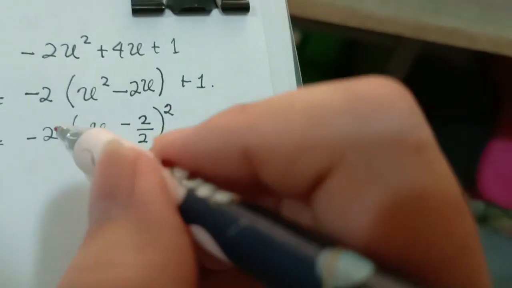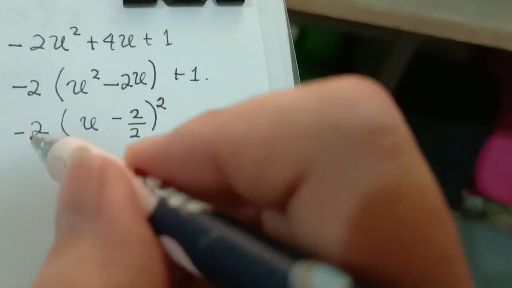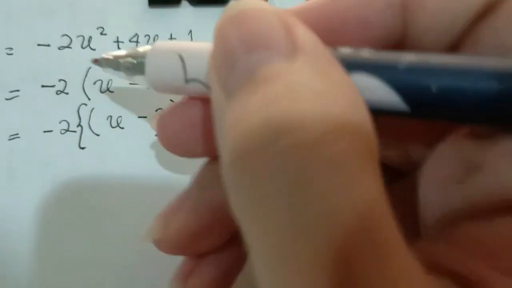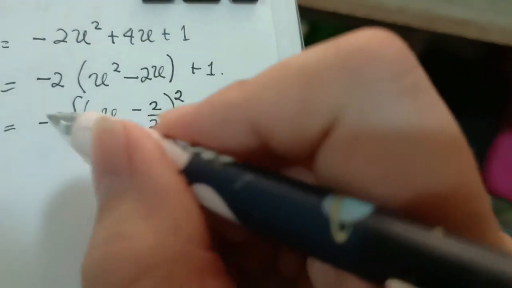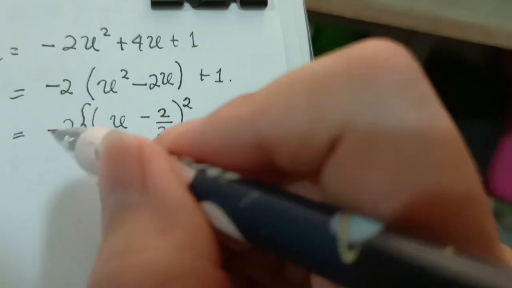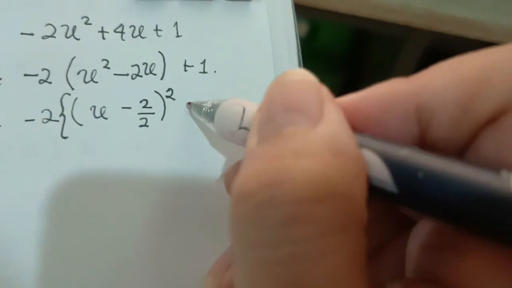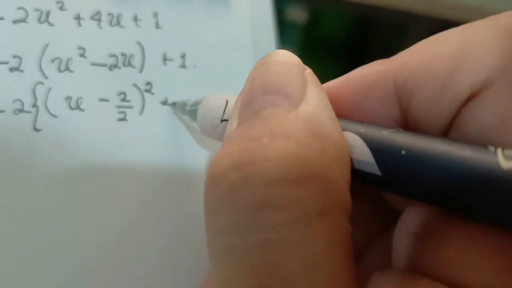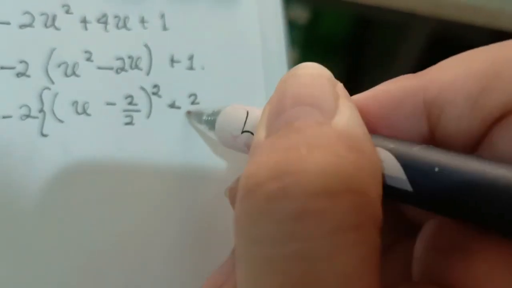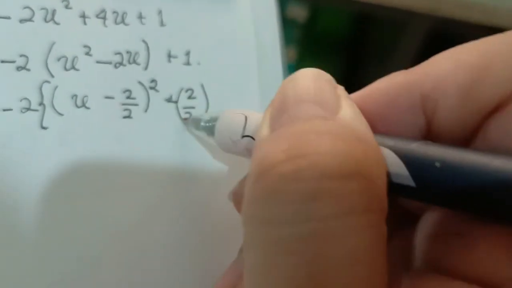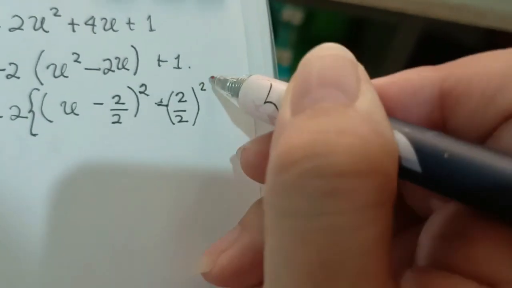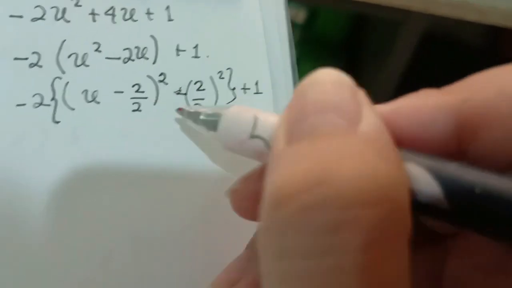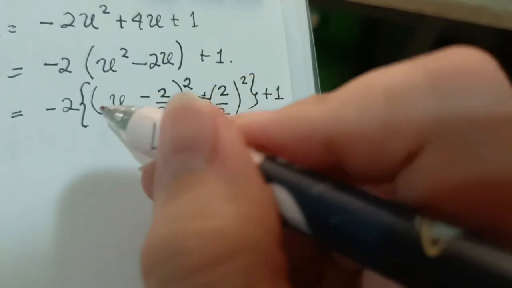Now because there is 2 over here, we have to make it like this in the bracket. Don't forget, either the number is 2 or the number is 3. We have to make another bracket over here, and then minus 2 per 2 quadrat, in the bracket plus 1.